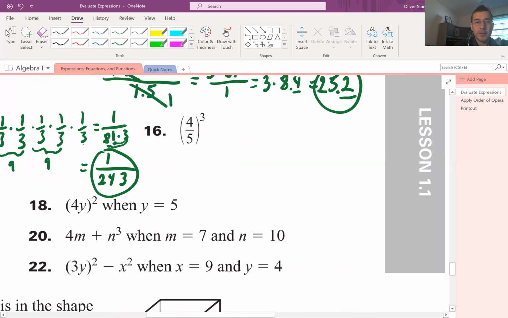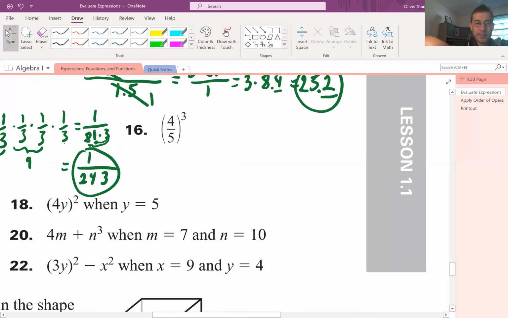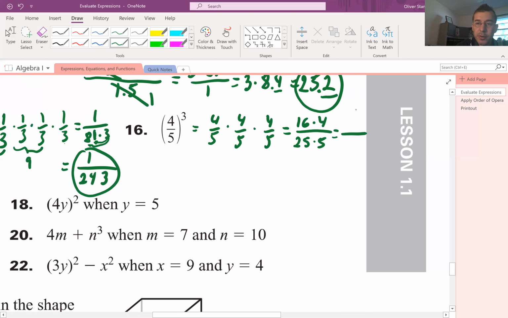Now 16, it's 4/5. So 4/5 times 4/5 times 4/5. So 4 times 4 is 16. 16 times 4 is 64. But let's do it step by step. So 4 times 4 is 16 times 4. And then 5 times 5 is 25, right? 4 times 6 is 24. 4 and 2.